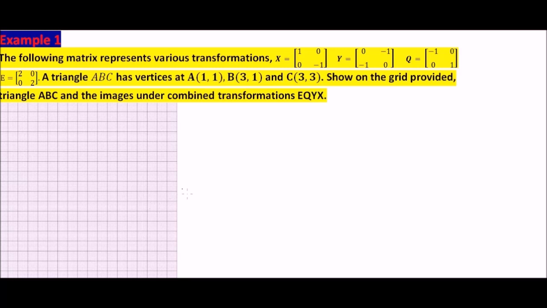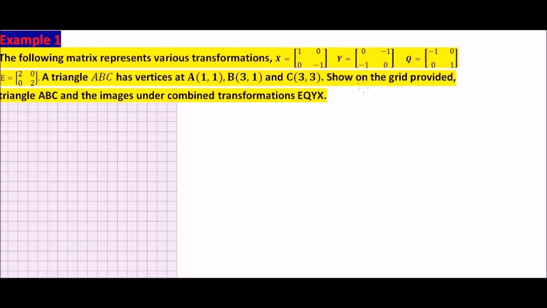So here is another example demonstrating successive transformation, and we are told the following matrices represent various transformations. We have X, we have Y, we have Q, and we have E. A triangle ABC has the vertices A(1,1), B(3,1), and C(3,3).